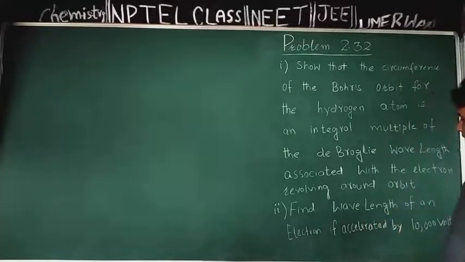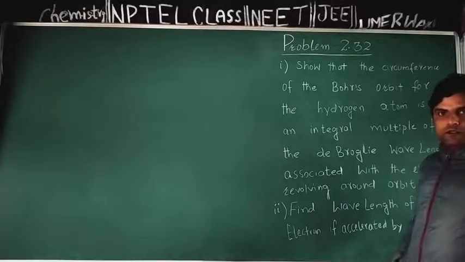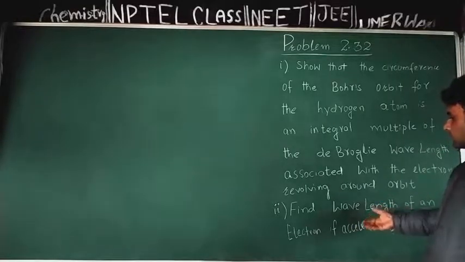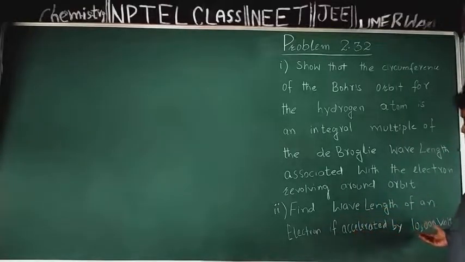And part second is based on de Broglie's concept of dual nature of matter. It is also based on wave character of electron. Here we have to calculate wavelength of electron if it is accelerated by 10,000 volt potential.